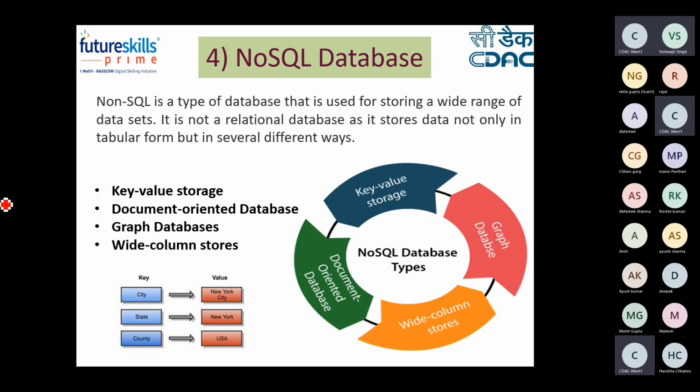So the NoSQL data model is available with different tools, and it also maintains data in different forms, like graph form, wide column form like Google Bigtable, and document-oriented models or databases, like PDF files, doc files, JPG files.